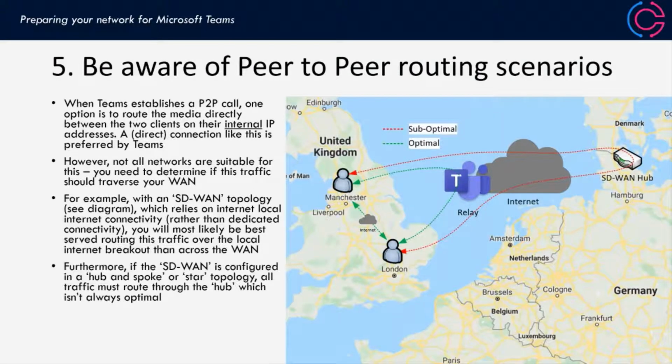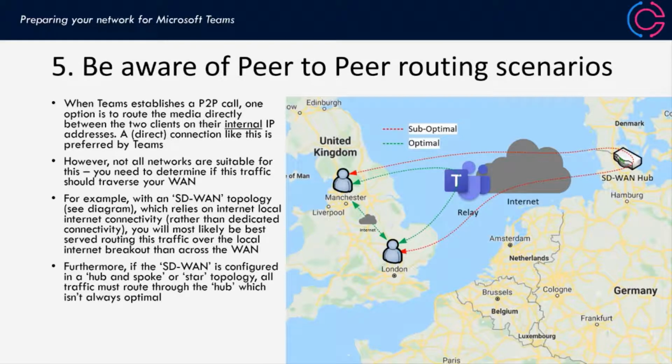So following on from that Manchester and London user setup, where you've got 2 users that are within the same country, the call routing isn't always taking the most optimal path. In this scenario, we've got a peer-to-peer call.